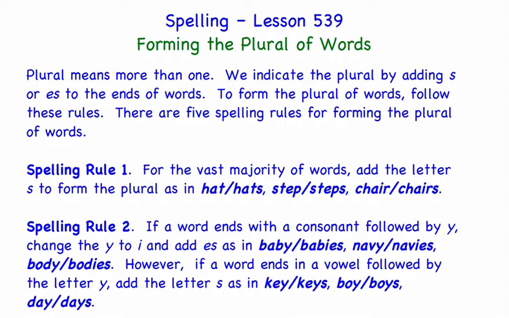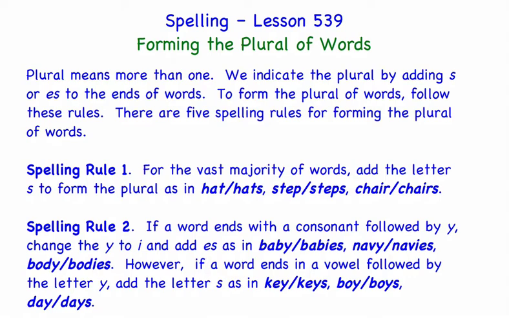So in other words, if you have a word ending in a consonant plus Y, then you change the Y to I and add ES. But if you have a vowel plus Y at the end of the word, to form the plural, you just add S. Now these are the 2 rules we've already reviewed in a previous lesson.